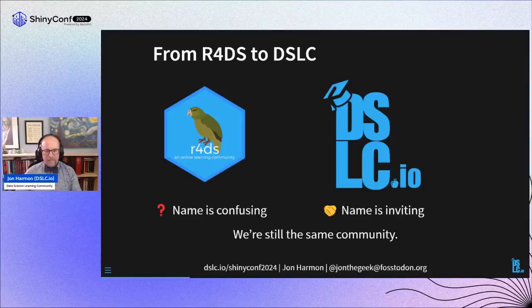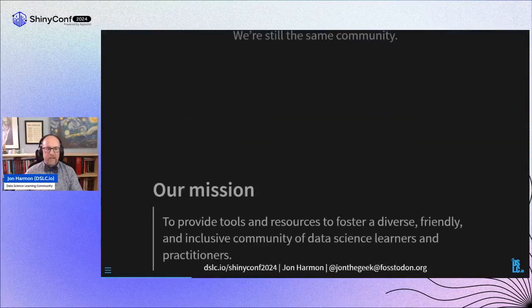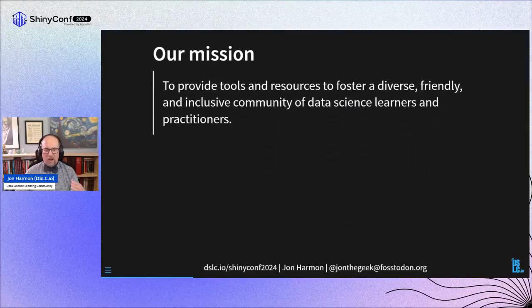If you want to learn anything about data science, that's what we're here for. We're here to help. So our mission is to provide tools and resources to foster a diverse, friendly, and inclusive community of data science learners and practitioners. I was really lucky when I started to learn data science. I found a friendly community on social media. And of course, I'm a white guy in America, so I have advantages that not everyone else has.